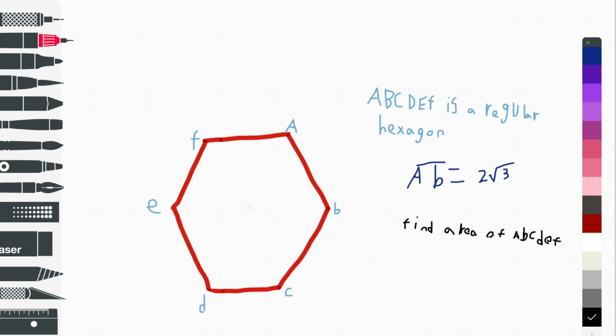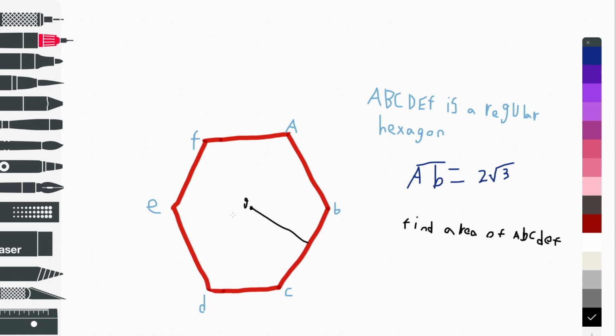So first, let's pick a center point. There we go. And let's call it G. So center point G is equidistant from, we can't say all the points, because this distance is not equal to this distance, which is not equal to this distance.